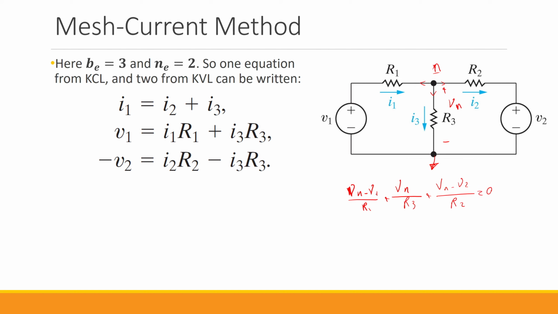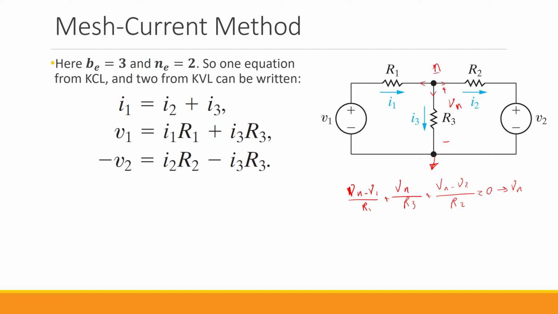And if I know V1, V2 and all the resistors, that means that I can easily find Vn, right?